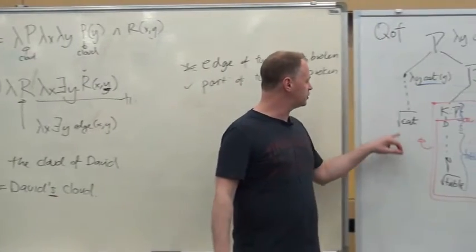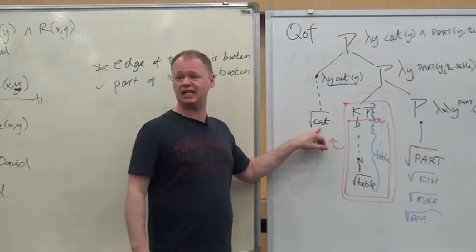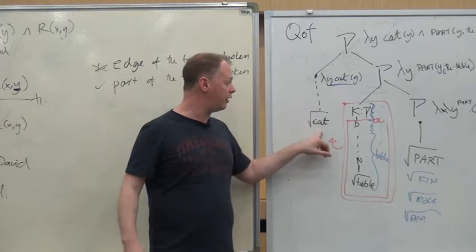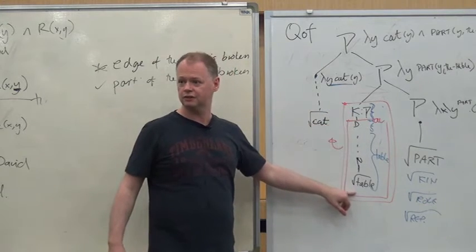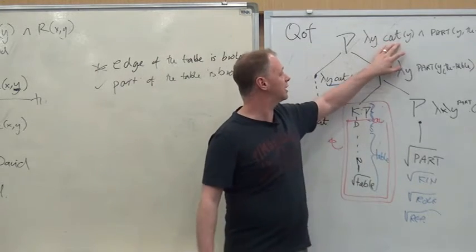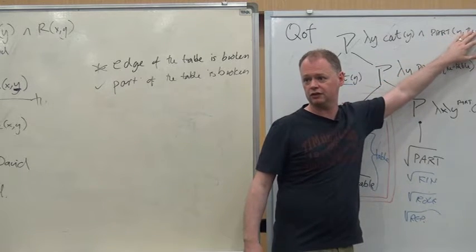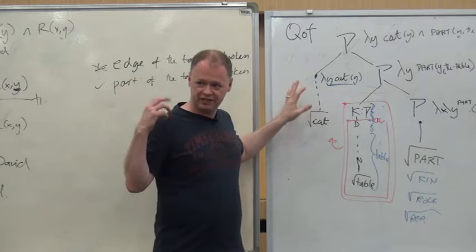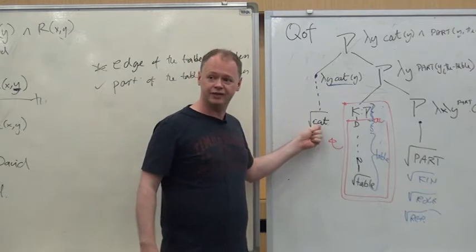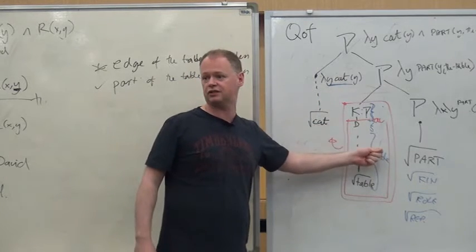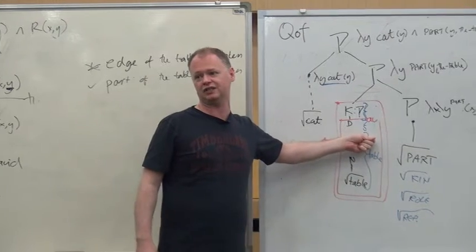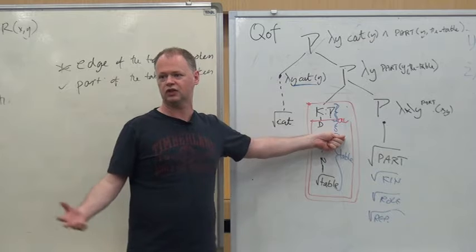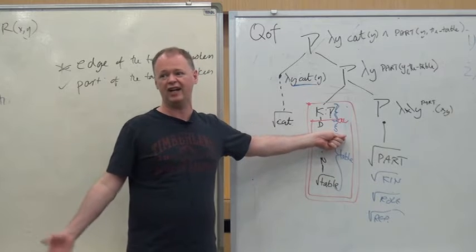Then you can easily have my examples that I gave you earlier on, a cloud of the weather front, where we get y is a cloud and y is part of the weather front. So actually, this system, unlike Barker's system, makes the following predictions. Sortal nouns should be able to have the syntax of relational nouns, and when you get the syntax of relational nouns, they should come with the semantics of relational nouns, which is correct. Which you can't get from Barker's system, or any other system that I know of.